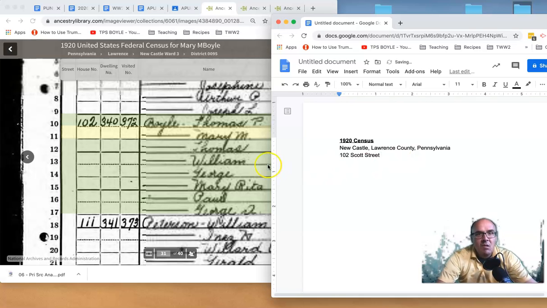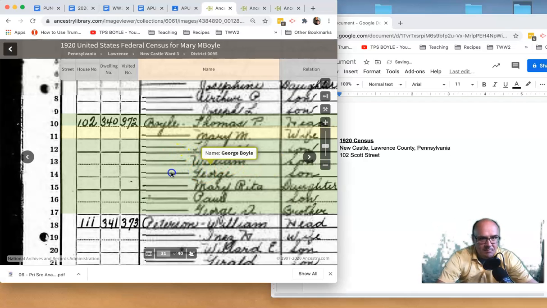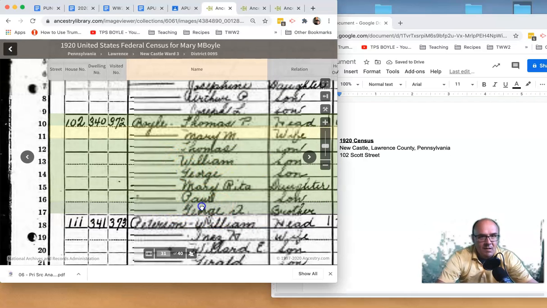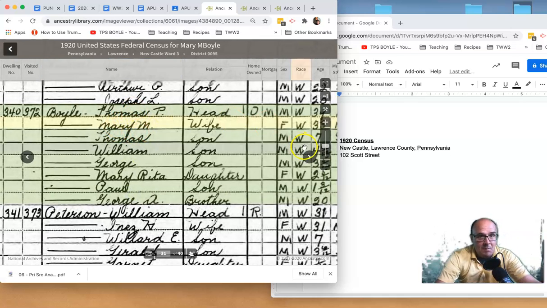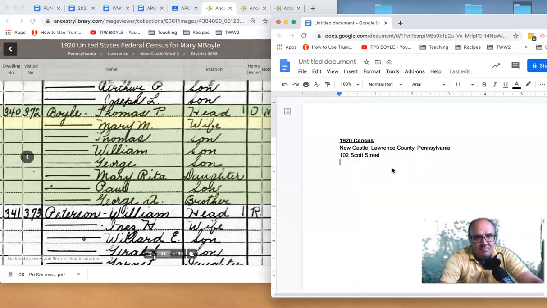All right. Who lives there? A dad and a mom, Tom and Mary. These are my great-grandparents.